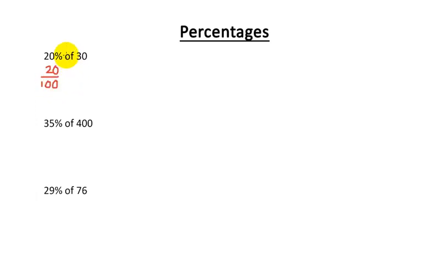We said instead of "of", we can put in times. So times 30. So we have here 20 100ths times 30. I can do 20 times 30, which makes 600 over 100.